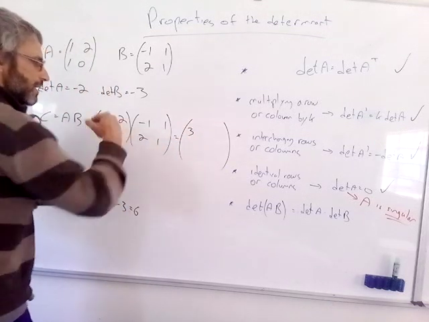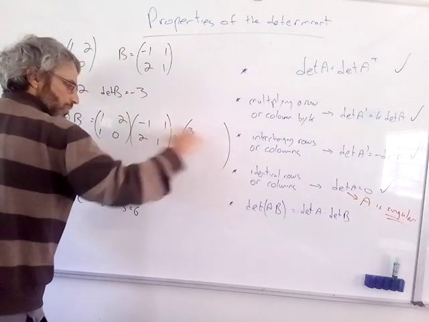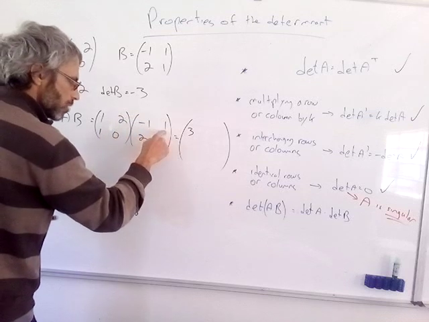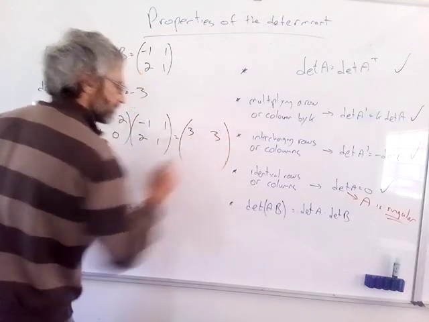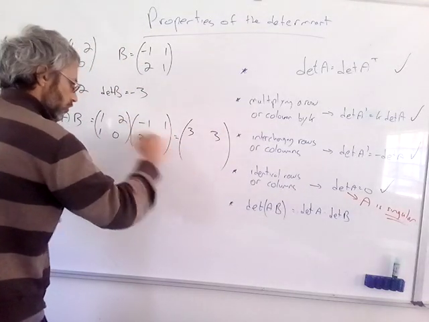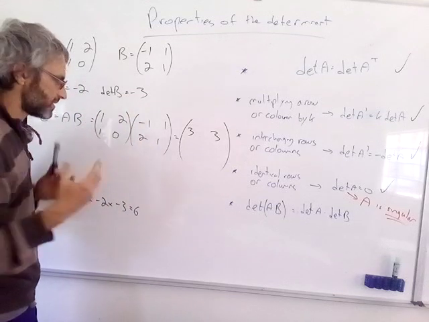Okay? Next thing, what is this entry? Well, it's the first row, because we're still in the first row, times the second column. So it's 1 times 1 plus 2 times 1, which is 1 plus 2, 3 as well. Next, second row, first column will be second row times first column. And you see the pattern here, okay?